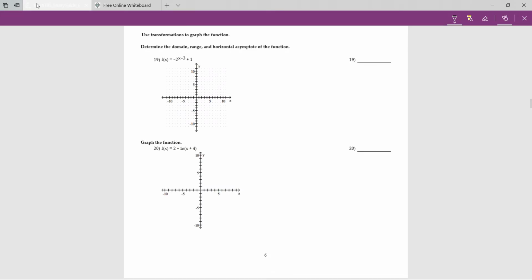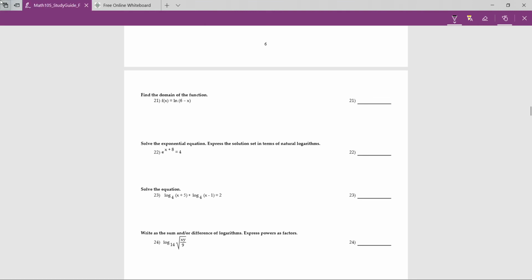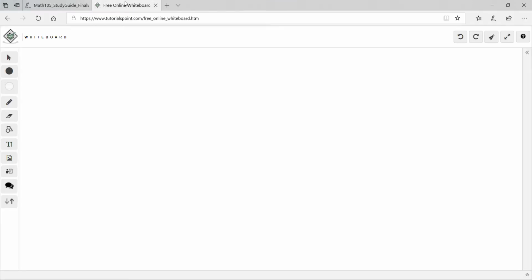21 says, find the domain of the function f of x equals ln of 6 minus x, right? So we've got to find the domain. So we can rewrite this as ln of negative x plus 6.